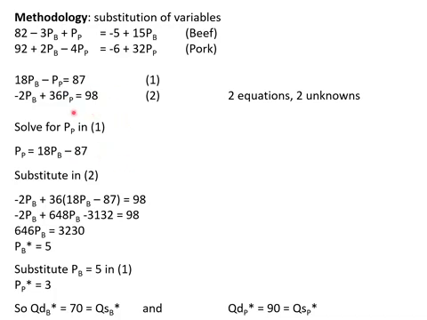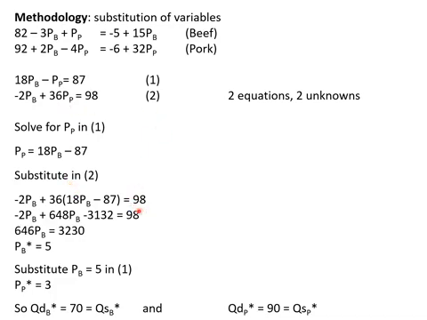All right, so we have here minus 2 PB plus 36, but instead of writing PP, we use this expression here. So we substitute that in, and then equals 98.